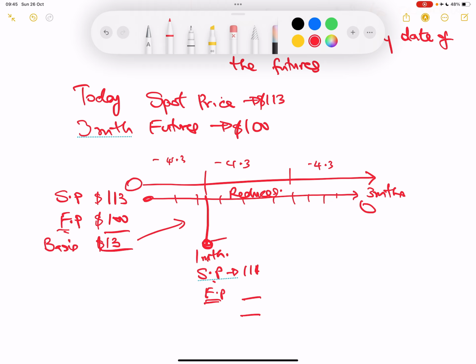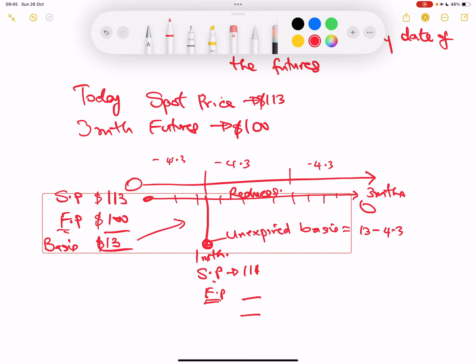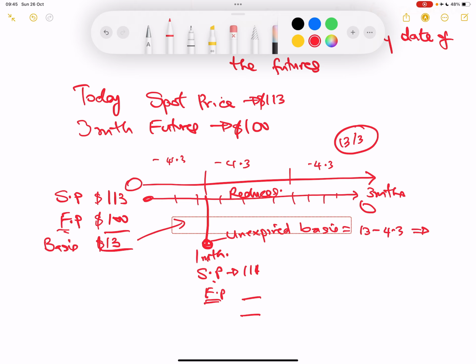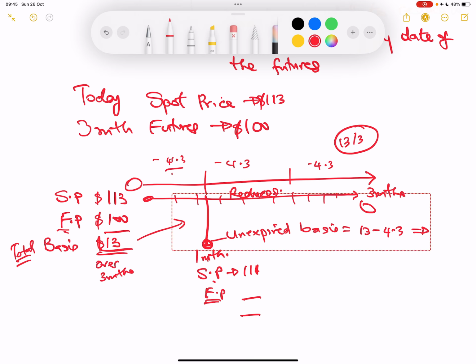So at this point, my unexpired basis will be equal to 13 minus 4.3, because at the first month, it's only 4.3 that should have expired, because I assume that they will go evenly. Remember I got 4.3 by dividing the 13 by 3, because the total basis is 13 on day 1, and this is expected to go over 3 months. So each month 4.3 will go, so I will have 8.7 left.